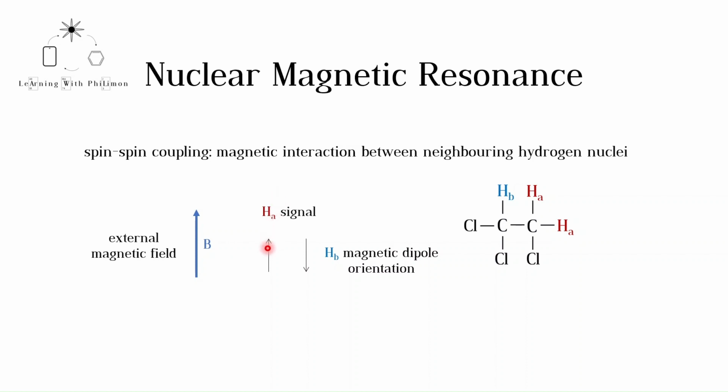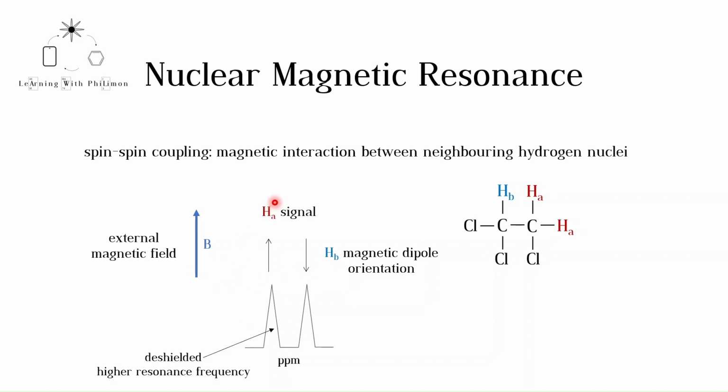If hydrogen B is aligned with the external magnetic field, then HA experiences a greater effective magnetic field. This increases the gap between hydrogen A's two possible orientations. It is de-shielded and requires a higher frequency to achieve resonance. If hydrogen B is aligned against the external magnetic field, then HA experiences a smaller effective magnetic field.